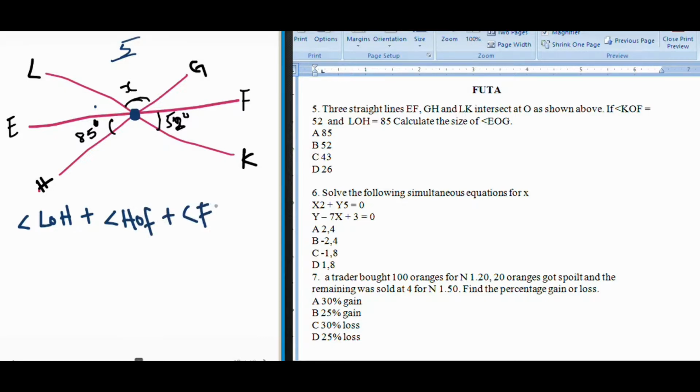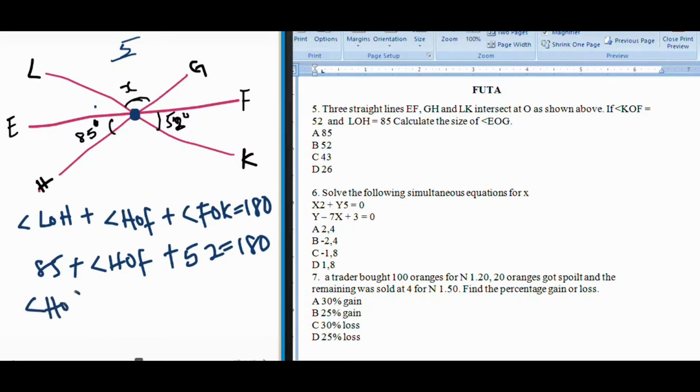Which means 85 plus 52 gives us 137. That is 137 plus angle HOF is equal to 180 degrees. So angle HOF is equal to 180 degrees minus 137, and that is equal to 43 degrees.